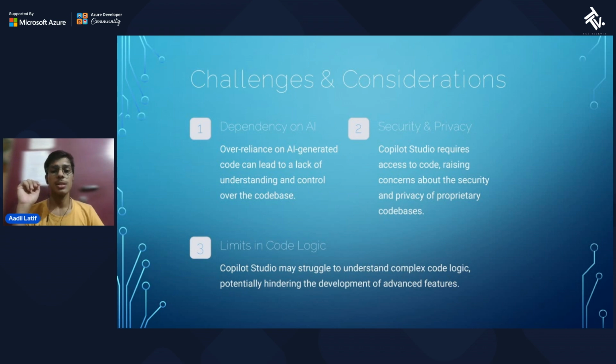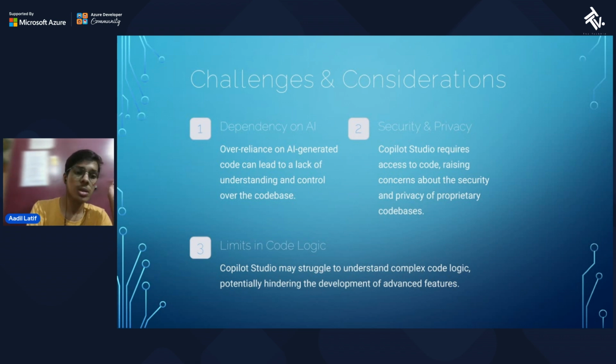The main challenge is dependency on AI. Basically, there is over-reliance on AI generated code, because it can lead to a lack of understanding and control over the code base, and we are not learning good code.